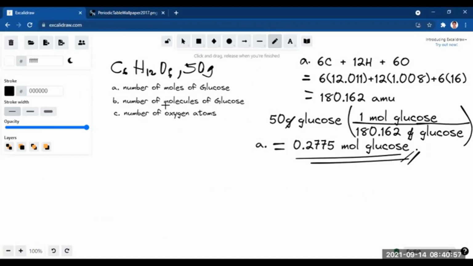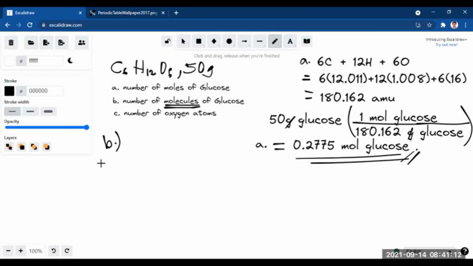Okay, for the number of molecules, whenever we are asked for the number of molecules, this time we will be using the Avogadro's number.